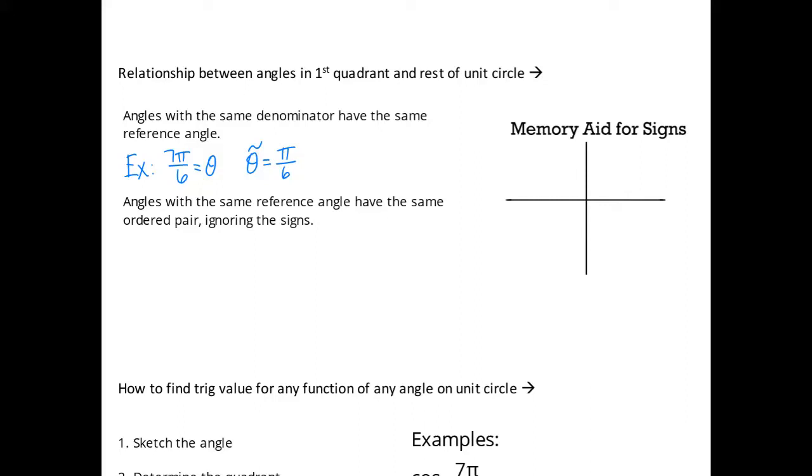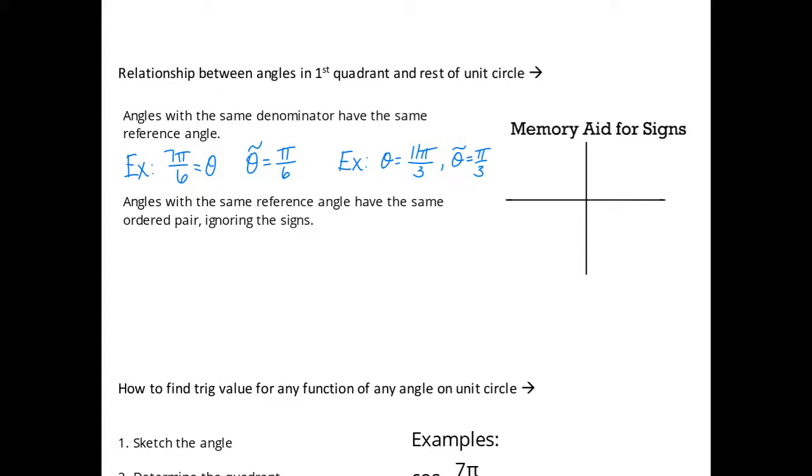Maybe another example would be if theta equals, let's see, 11 pi over 3. Well, since 3 is the denominator, then baby theta is going to relate back to pi over 3. And again, even though those angles are outside of the first quadrant, I can just look at that denominator to be able to tell that.